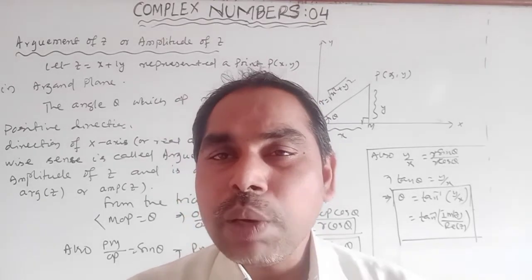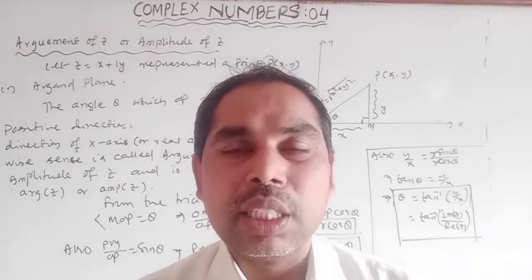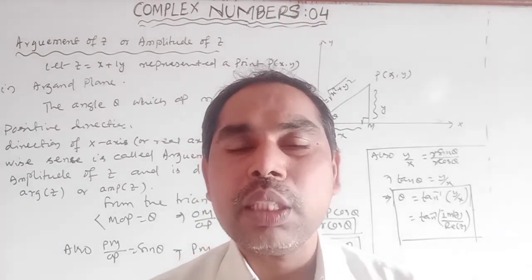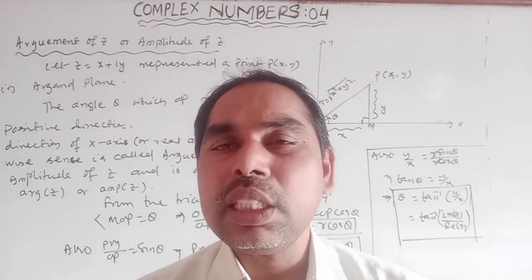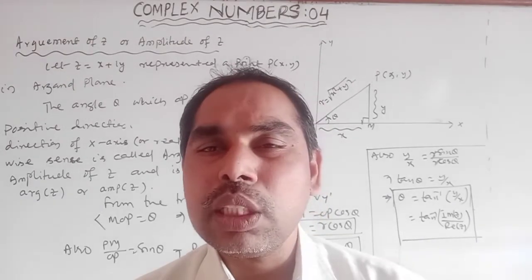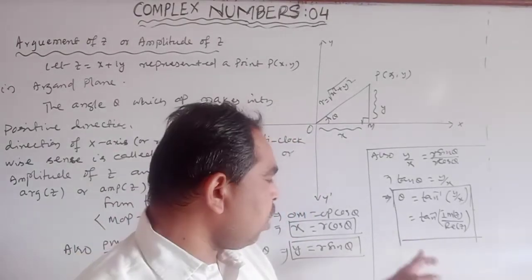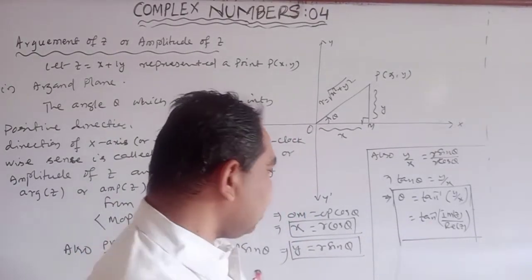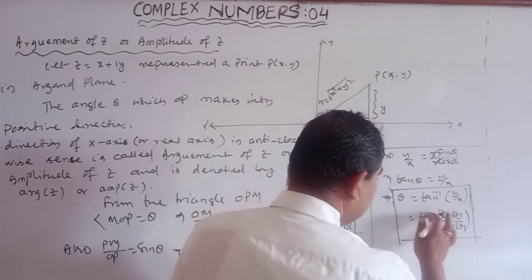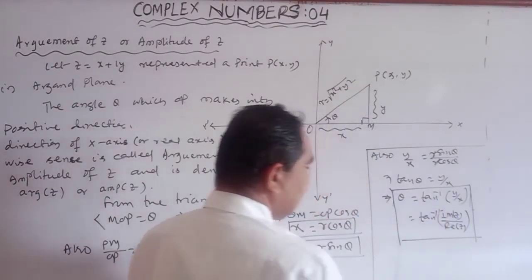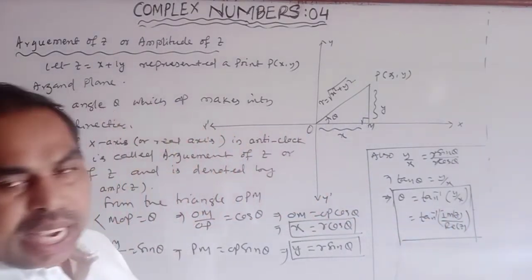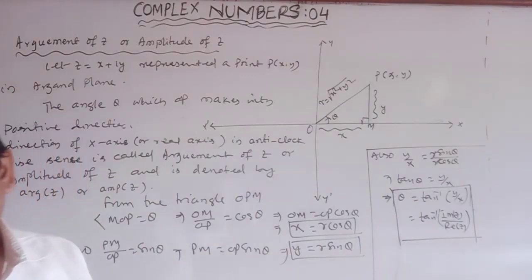So 45 degree is equal to tan inverse 1. So tan inverse 1 means 45 degree. Tan inverse root 3 means 60 degree. Tan inverse 1 by root 3 means 30 degree. Okay, so similarly tan inverse IMPZ divided by REZ.